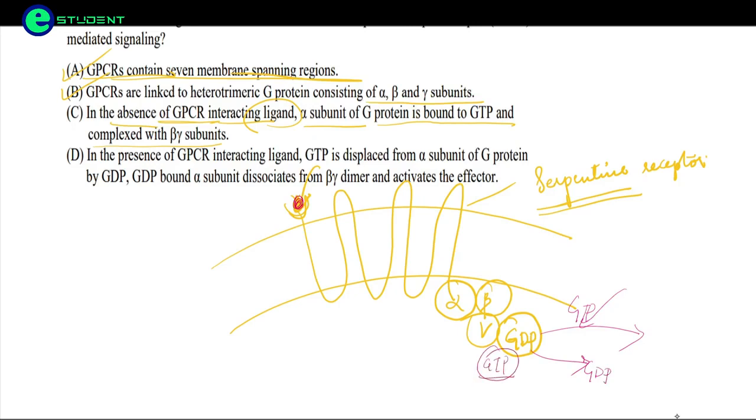So what is given in the question? Absence of ligand, alpha subunit of G protein is bound to GTP. No, here there is no ligand, so there will be no GTP. Here it will have GDP. So this is the wrong option. In the presence of GPCR interacting ligand, that means the ligand has come here, GTP is displaced from the alpha subunit of G protein by GDP.